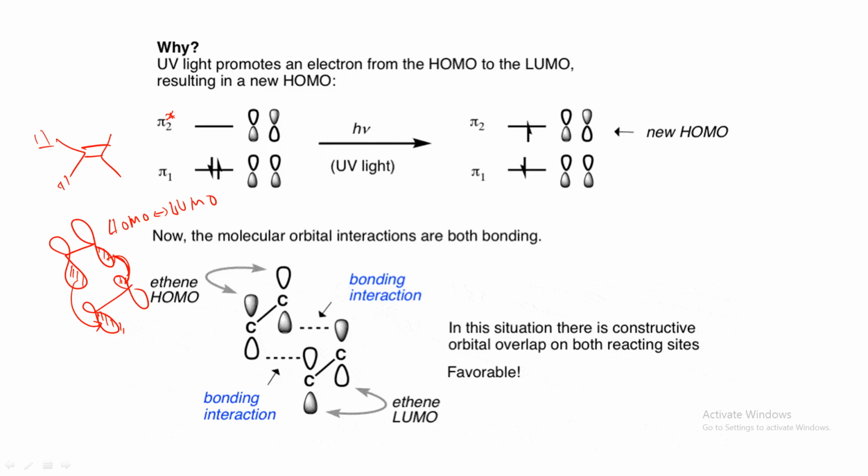Supra-antara we need to do, but we all know for this kind of strained system for formation of 2 plus 2, this supra-antara thing is not possible, because for that we need to have a very long chain, let's say 8-member things. So there only the supra-antara thing is possible, but here it is not. That's why this interaction is not possible in the thermal condition. So thermal condition does not allow the 2+2.